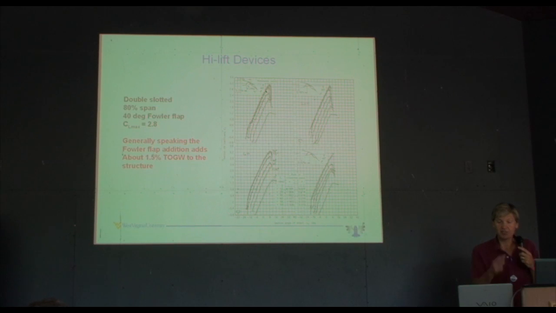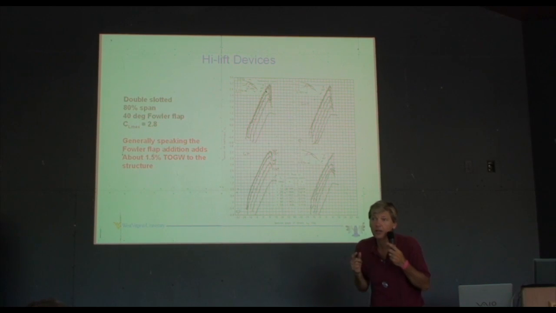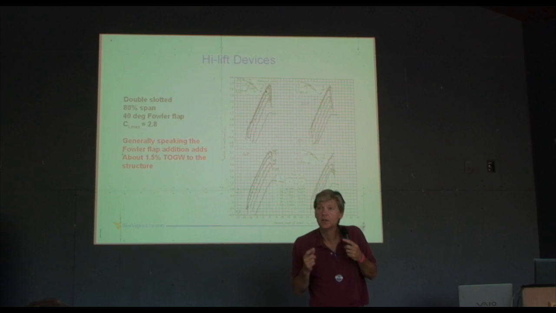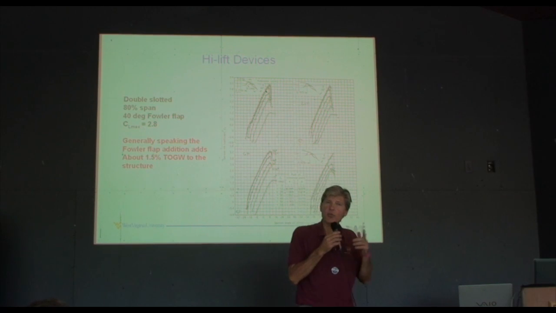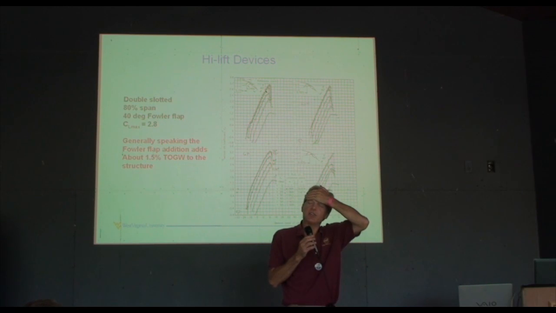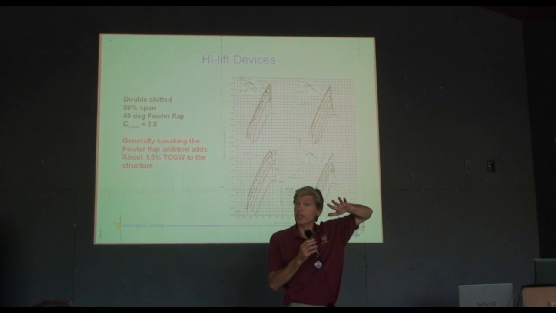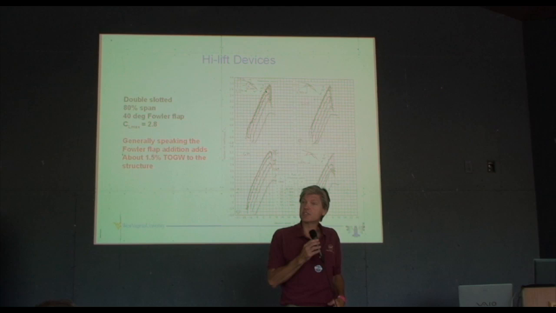How much weight did you lose for the wing area reduction? I didn't take into account using modern materials and composites. I figured that wing would be built lighter than the original wing because of modern materials, so I just used the same wing weight.